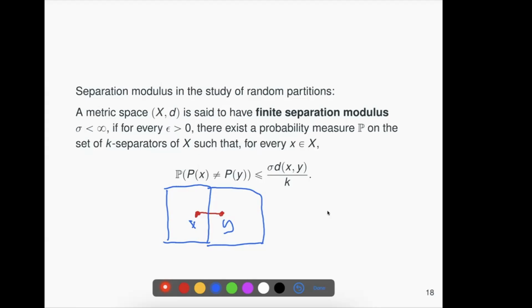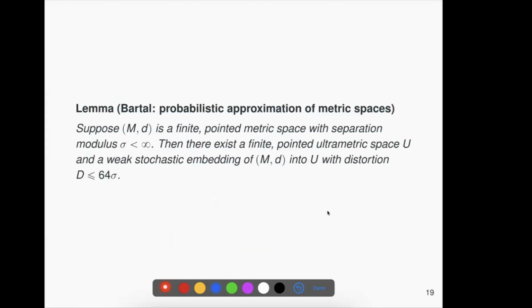Under this finite separation modulus, people have studied properties of such spaces in terms of stochastic embeddings into trees. This lemma I learned from Chris. He mentioned that it goes back to the work of Bartal back in the 90s. Within the computer science literature, people want to study how probabilistic approximations of metric spaces work, especially how you can approximate more complicated spaces by trees in some sense.